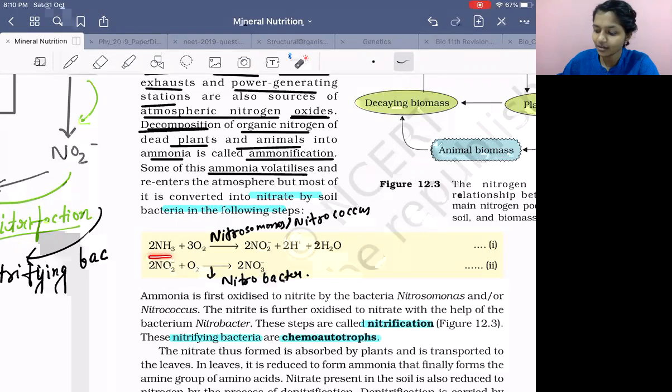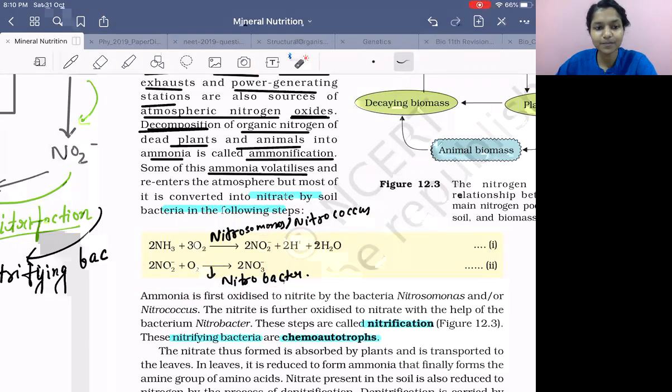So ammonia getting oxidized into nitrite is done by Nitrosomonas and Nitrococcus. They are the nitrifying bacteria. After this, the nitrite gets converted to nitrate with the help of Nitrobacter.